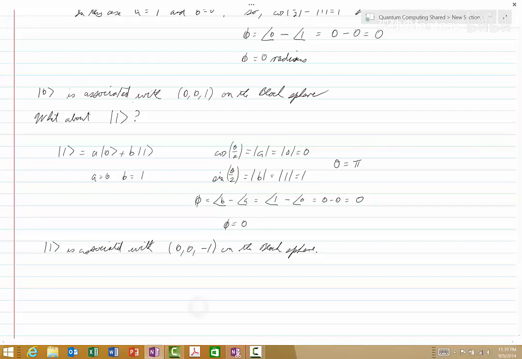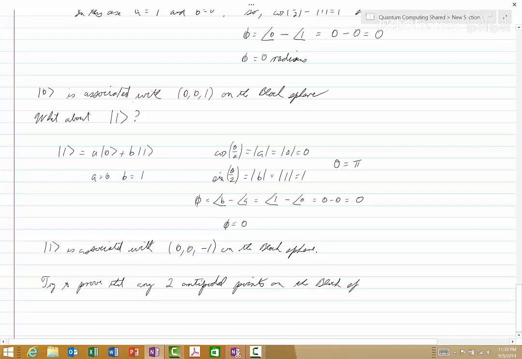So let's even write that down. Try to prove that any two antipodal points on the Bloch sphere correspond to states that are orthogonal to each other.